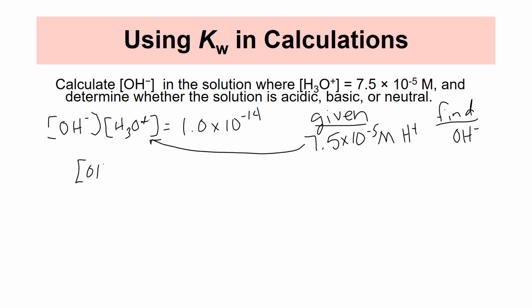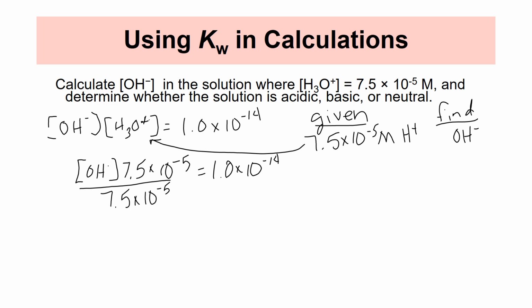So OH minus times 7.5 times 10 to the minus 5th equals 1.0 times 10 to the minus 14th. And to solve for OH, we're going to divide both sides by 7.5 times 10 to the minus 5th.